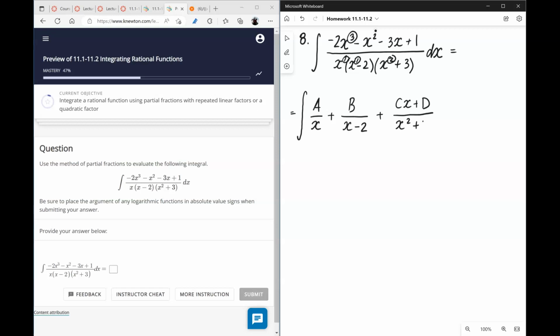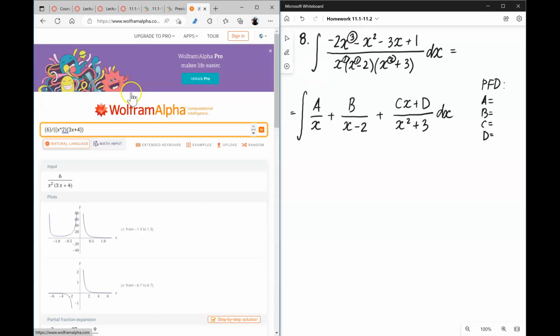So that's what the partial fraction decomposition theorem tells us. Now, it could be a really tedious task of figuring out coefficients a, b, c, and d by hand, which I'm going to delegate to Wolfram Alpha.